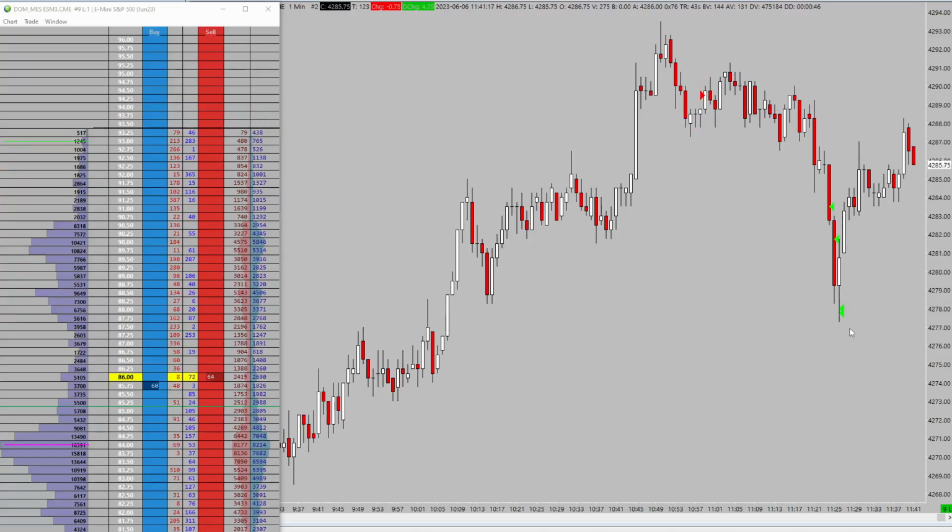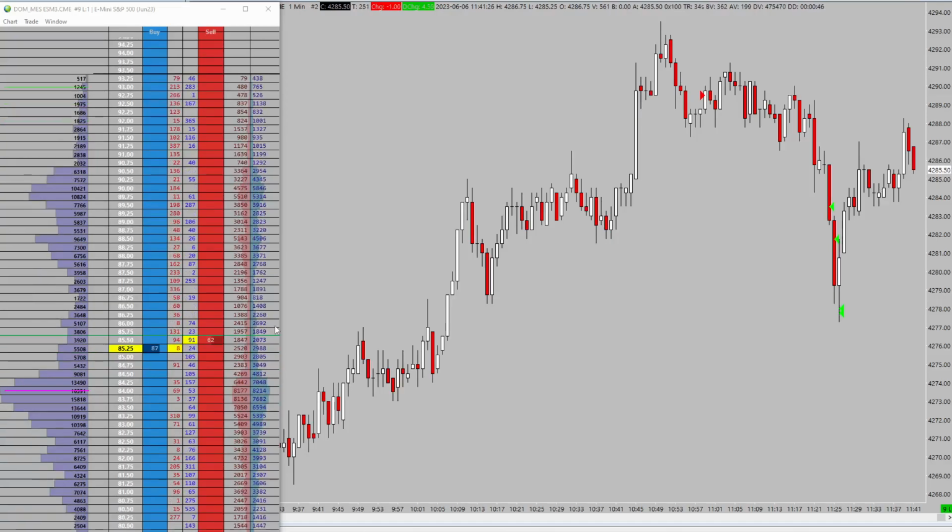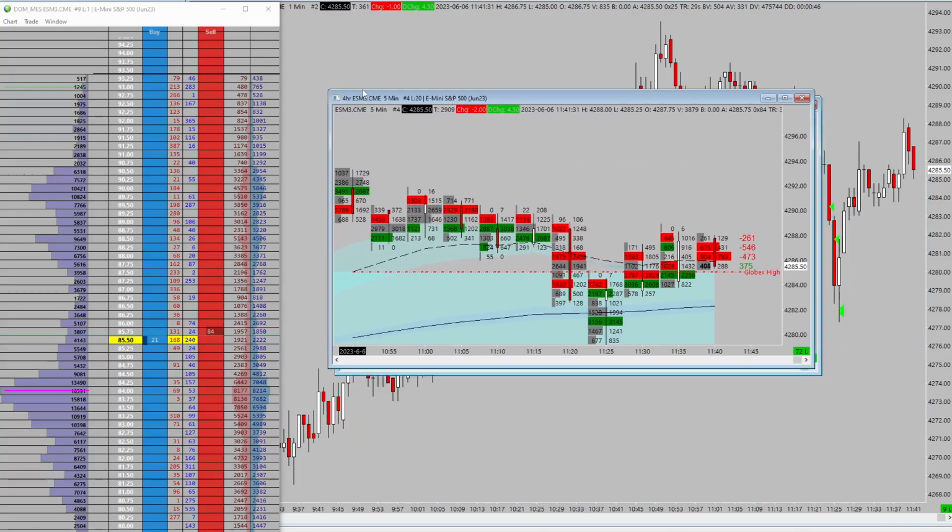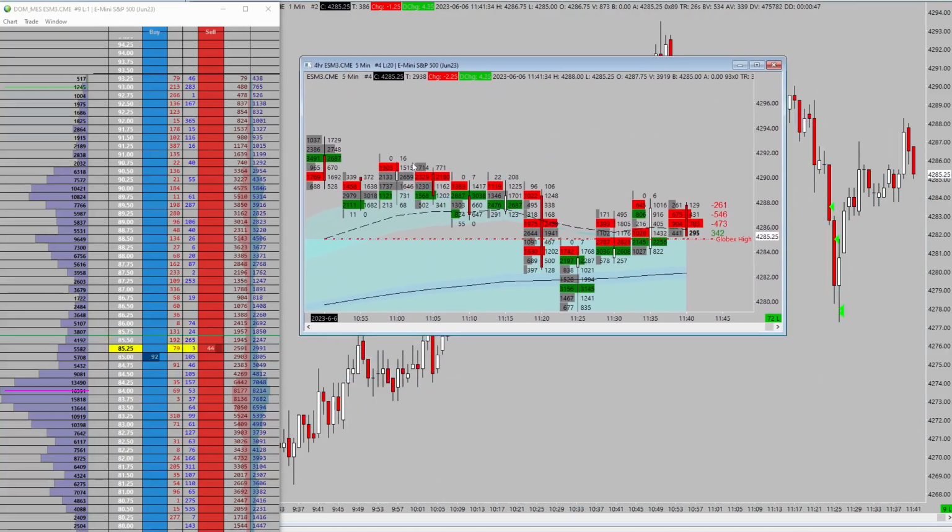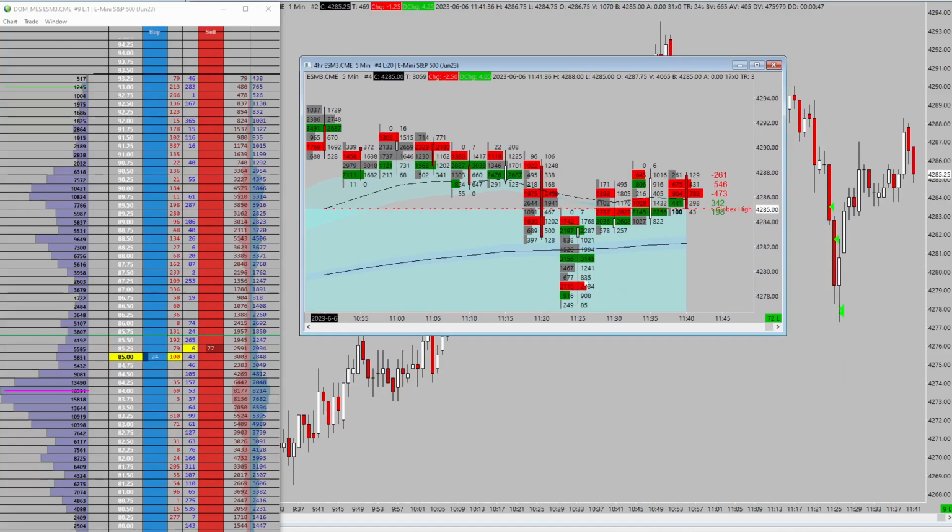And you could see, I actually marked it out here. I didn't even have this order set yet, but you saw on the DOM the floor was being at least temporarily put in. DOM, or the depth of market, isn't something I've always used. I used to rely mostly on smaller time frame footprints, which I still do use.